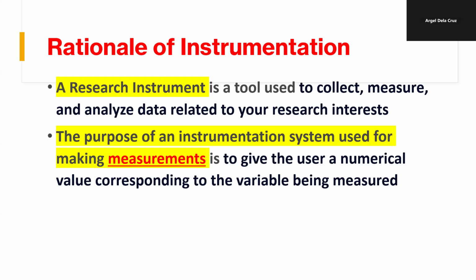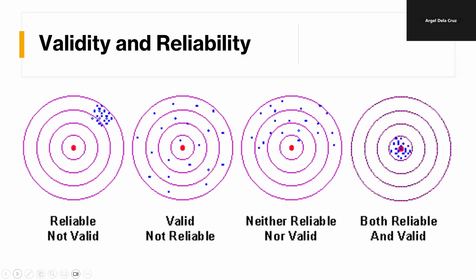So that creates some sort of a space or what we call a gap or interval in some cases. However, our measurement is not perfect, so we need to check whether our instruments are capable of measuring such phenomenon or research construct. So in this case, we're going to discuss research instrumentation.